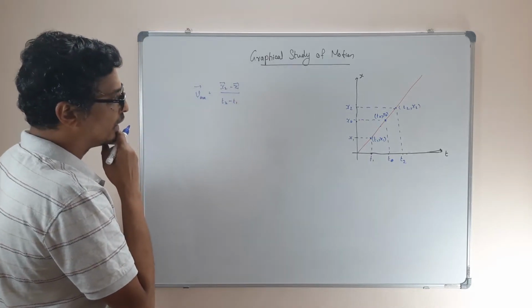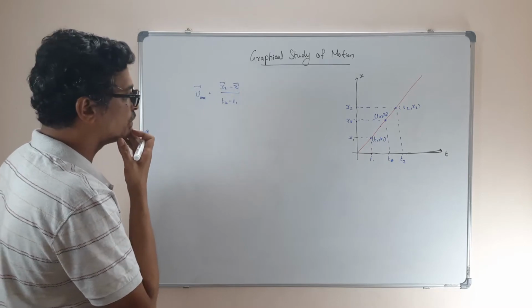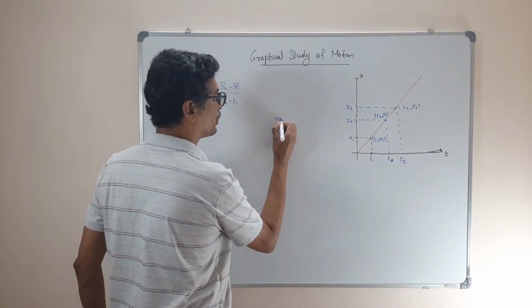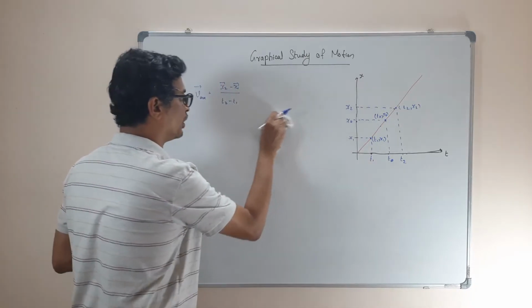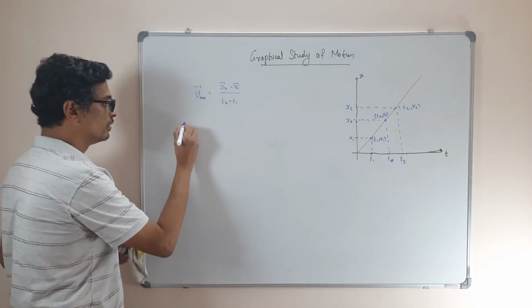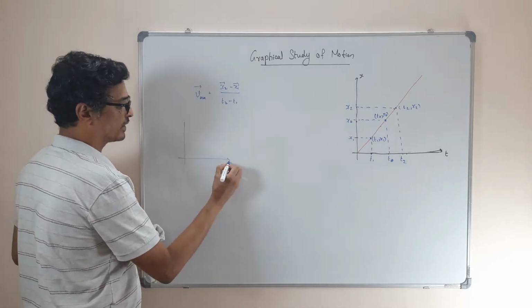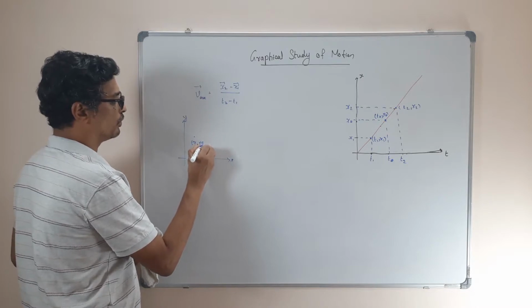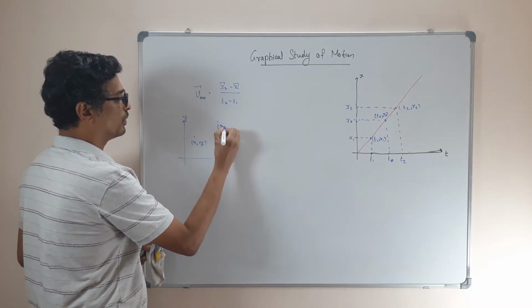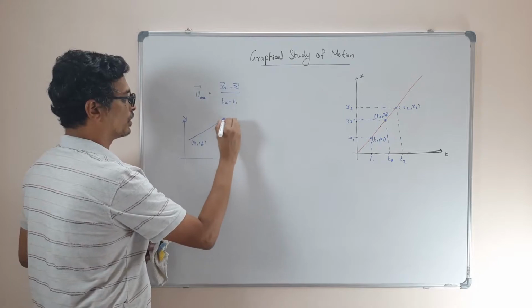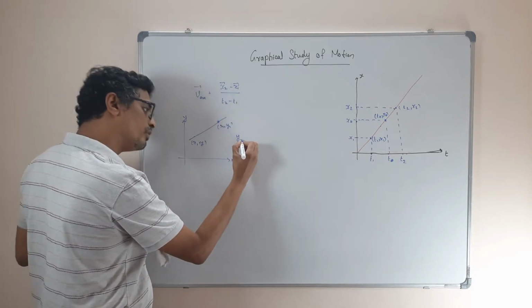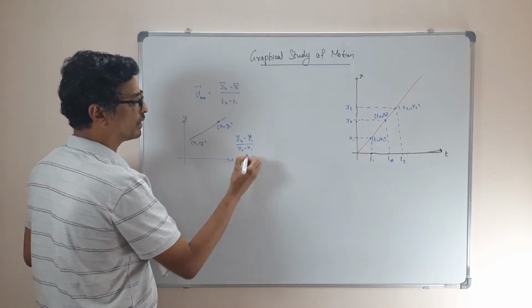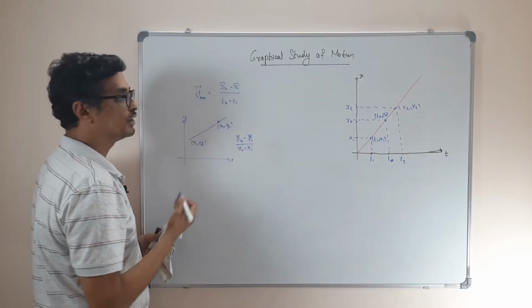What is that? That is nothing but the slope of a straight line. m equals the slope of a straight line joining 2 points. You remember the formula? On your x-axis, y-axis, you have 2 points, x1 comma y1 and x2 comma y2. The slope of the line is y2 minus y1 divided by x2 minus x1. Isn't it the same thing? So this is a slope.